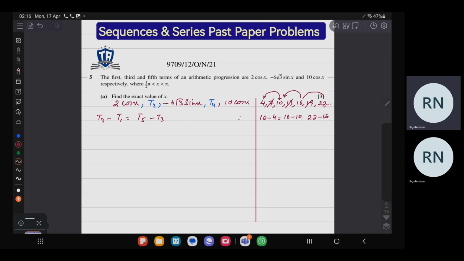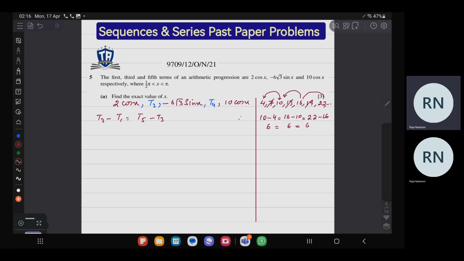If you find the differences, you would find that they are the same. So this is the concept. In arithmetic progression, you can take the difference like this.